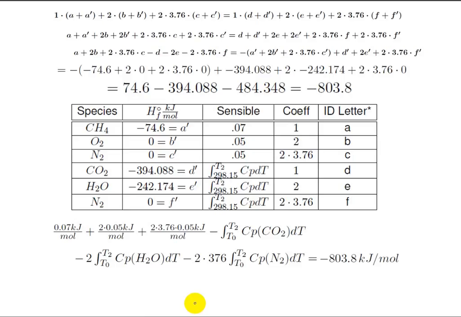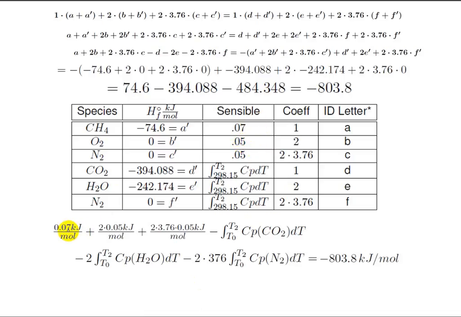In order to do an integration from the CP data, you usually have to take the data points and copy them into some other program and fit them with, say, a polynomial, and then you can integrate that polynomial. So here's our table with the sensible data that we found filled in for the reactants.